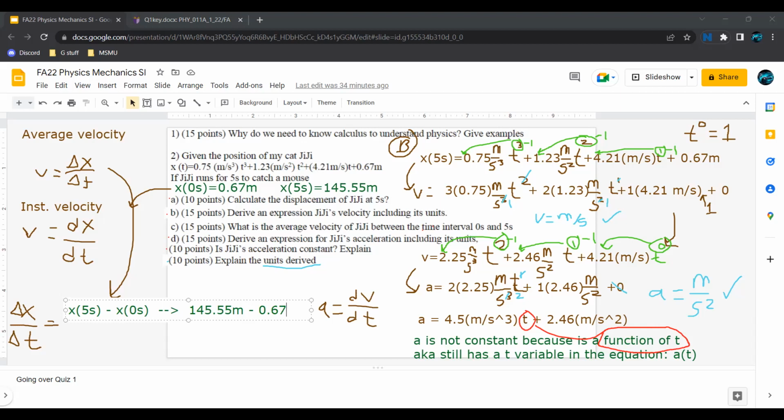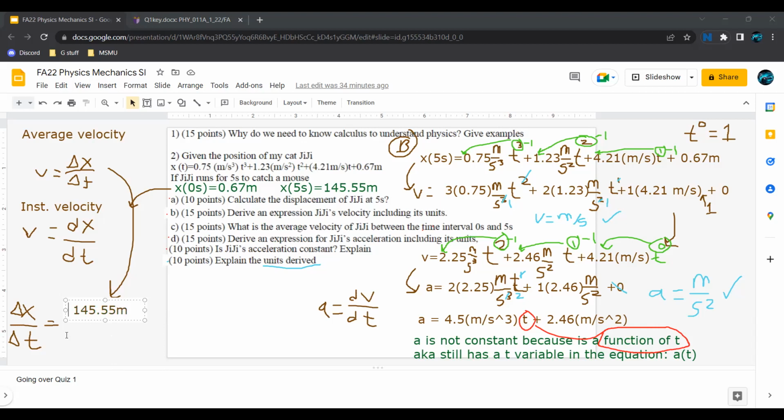Oh wait, that's already the displacement, isn't it? Yeah, that was already displacement. We had already found displacement, because x at 5 seconds was 146.22 meters, and then we subtracted x at 0 seconds to solve for displacement, which is what that is right there.